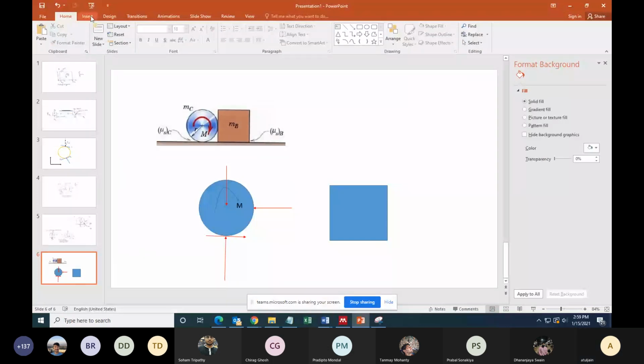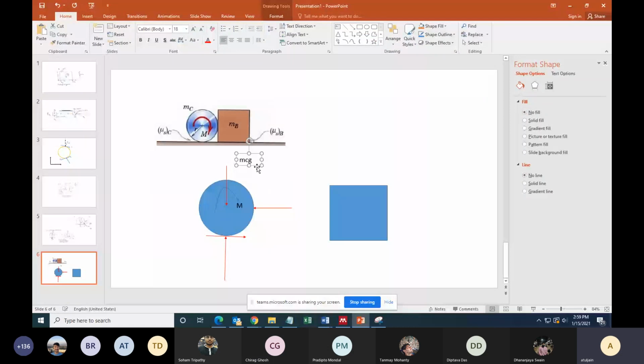Yes. This is MCG, not Melbourne Cricket Ground, but mass of the object. This is P. This is FC. This is NC.